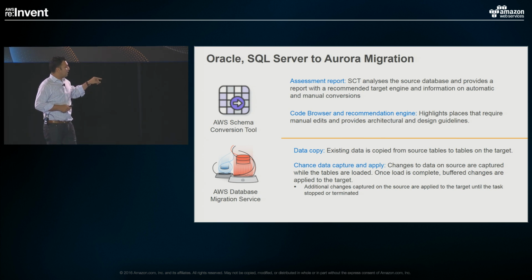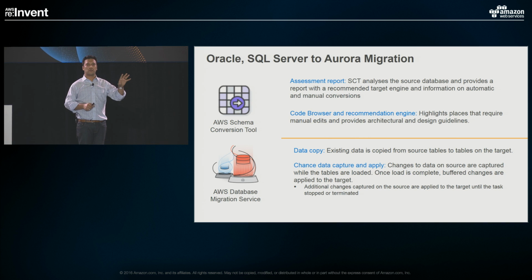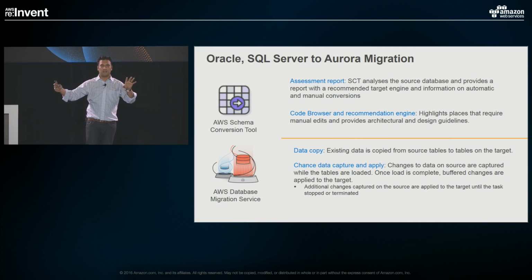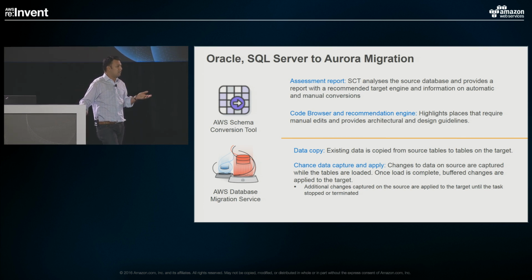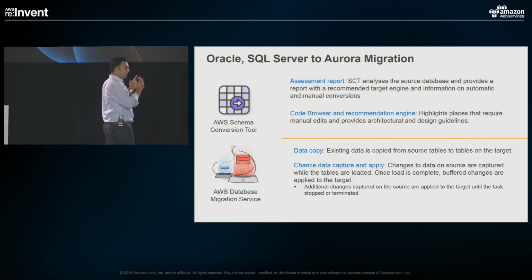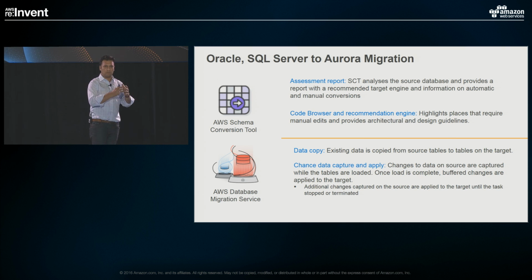The interesting thing is this tool can also do live replication from your source database to the target database. So let's say I'm an Oracle user and I'm running Oracle in production. If you tell me to use Aurora, I'll say that I'll really need to test it for at least a month, right? So in that case, I'll let my production database keep running on Oracle. I'll do this migration.